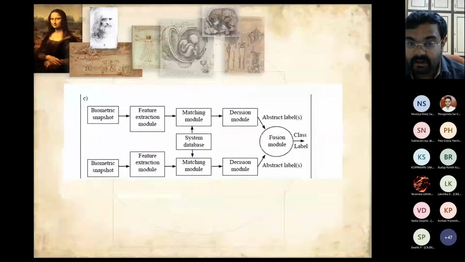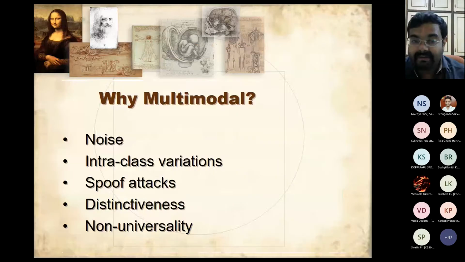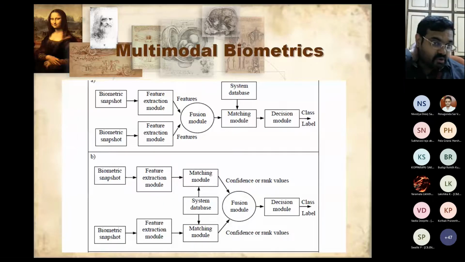Now, how do you make these multimodal biometrics? You can do what is known as a fusion. A fusion can happen at different levels. Suppose you are taking the Aadhaar, you are giving your fingerprint and your iris. The fingerprint goes here, the iris goes here. Feature extraction happens for the fingerprint, and for the iris.